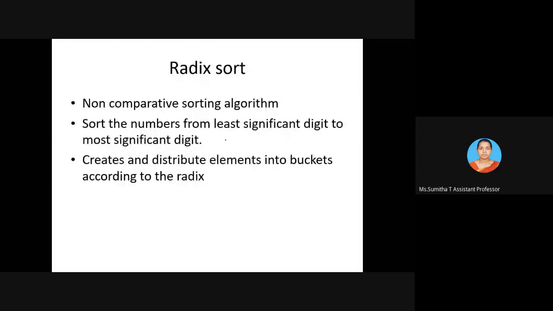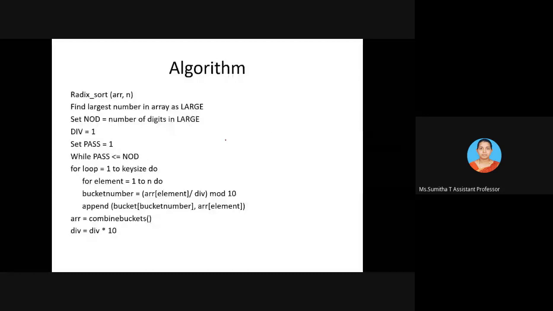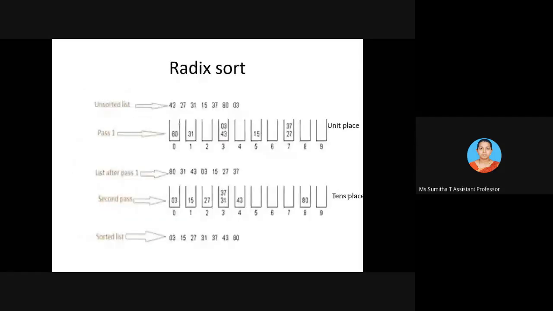Okay. The next sorting algorithm in our syllabus is radix sort. Here, how can we do it? This is the example, an unsorted list. We are going to sort the elements with the help of radix. How can we do it? We first find the unit place.